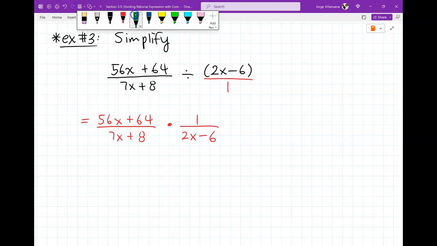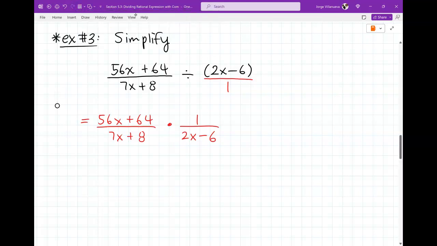In case you guys are curious, the most commonly missed problems were numbers 1 and 2, which were actually some of the easier ones. But this is what I saw a lot of yesterday. They got 7 and reduced with 56, and they got 8 and reduced with 64.